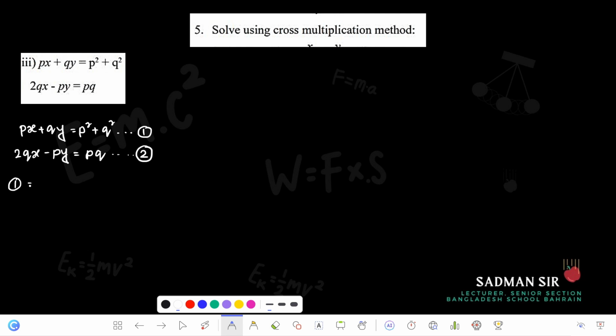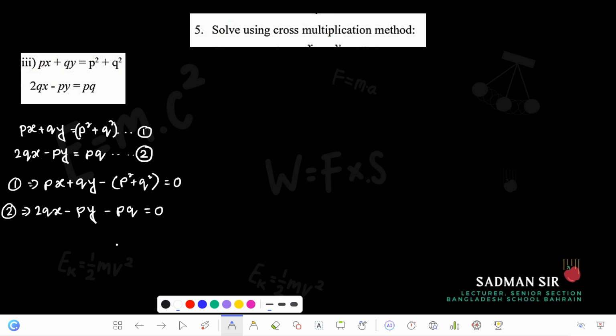So equation 1, it will become px plus qy, and if p square plus q square, if you put this inside a bracket, then it will be like this. And then equation number 2, 2qx, remember x should be aligned, okay, minus py minus pq equal to 0.